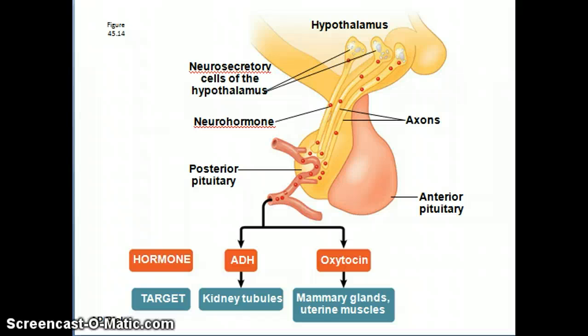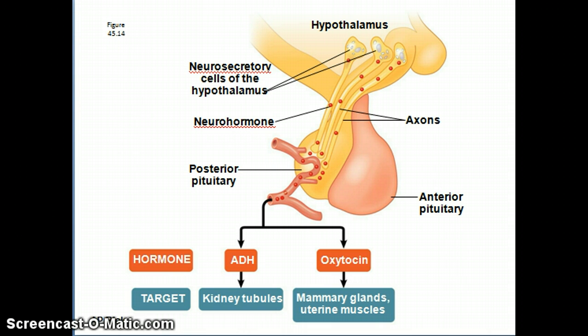So the hypothalamus is what will synthesize a neurohormone. The two that it produces are ADH and oxytocin. And again, ADH is antidiuretic hormone, right here, and oxytocin is the one that's going to affect the mammary glands and the uterine muscles.